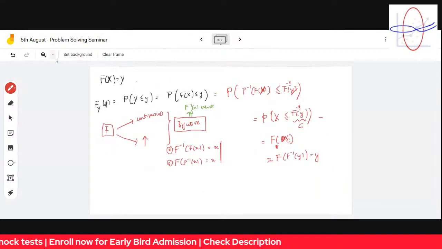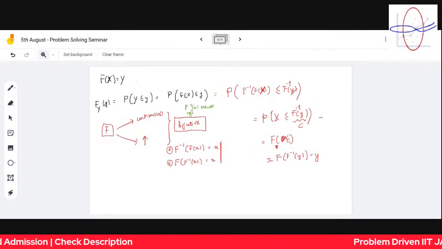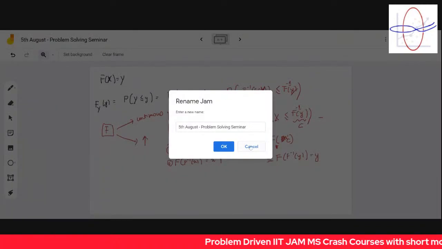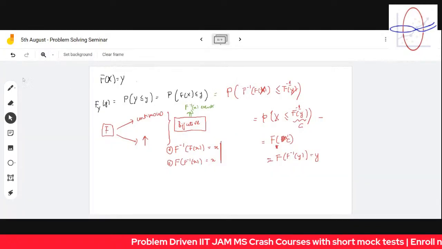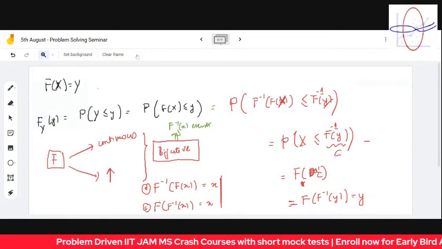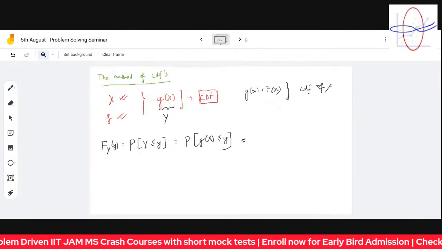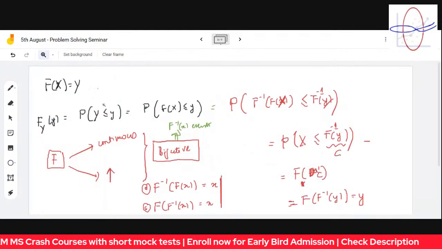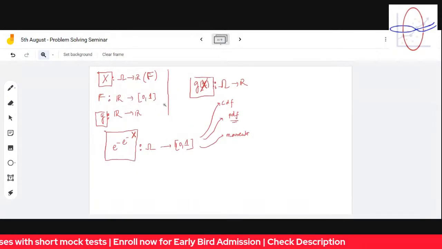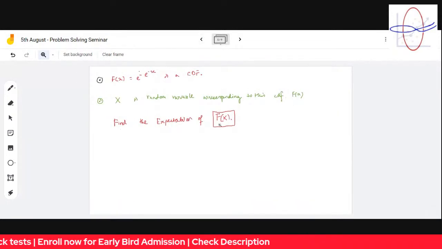All of you understood this, guys? First we took g of x is y and then we took f of x is equal to y. G of x is the general function I was taking, but here f of x is what we are looking for. That was the question: find the expectation of f of x.